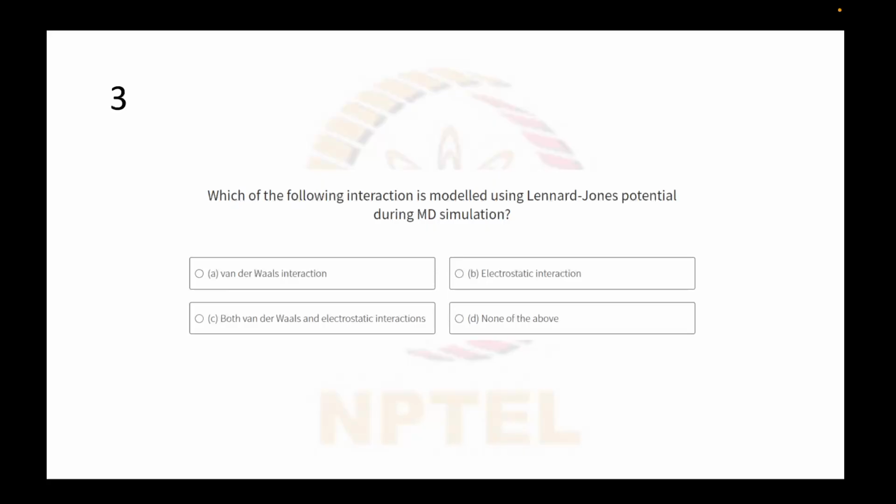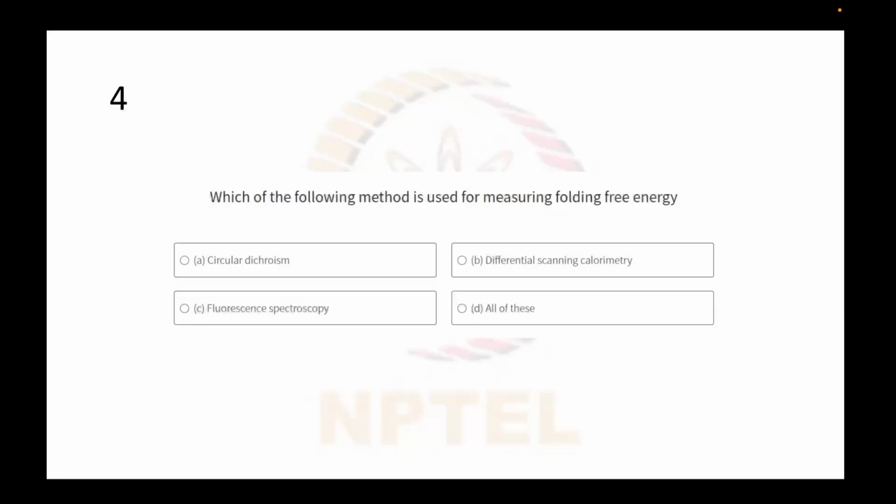Which of the following interactions is modeled using LJ potential or Lennard-Jones potential during MD simulation? LJ potential is mainly about van der Waals interaction. It is distance based, with R used.